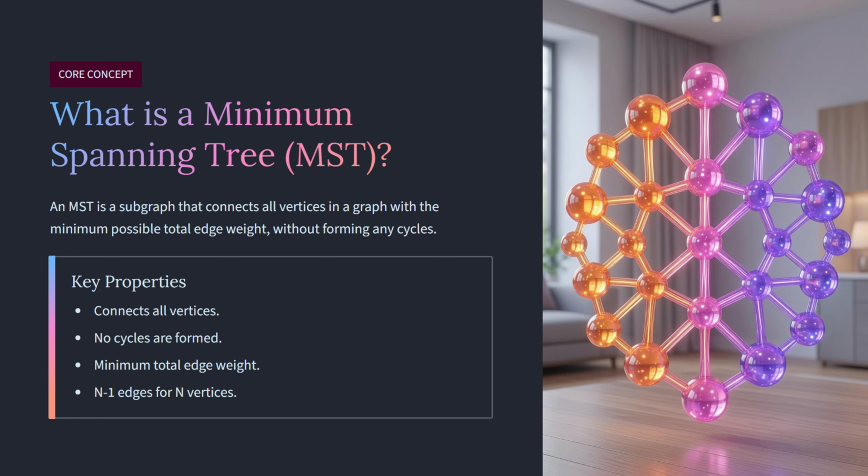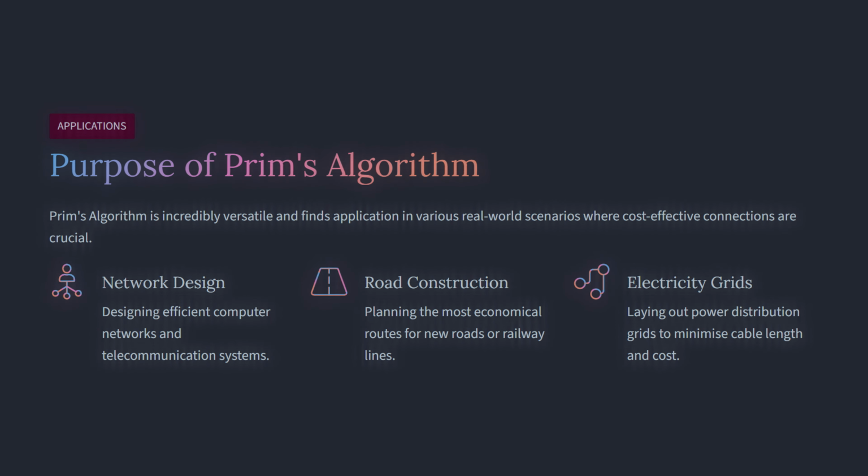Connect all vertices, avoid cycles, and keep the total cost as low as possible. Also, remember one important property. If a graph has n vertices, then its spanning tree will always have exactly n minus 1 edges. Prim's algorithm is designed specially to find this minimum spanning tree efficiently.